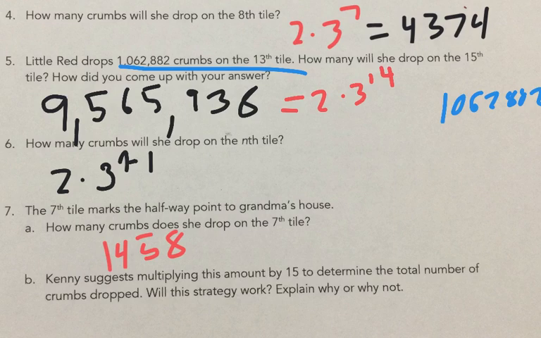So 22,500 is about what Kenny is estimating. Well, we know how many crumbs she left on the 13th tile already? 1,000,000. So if the average in total was going to be about 20 something, what did I say? 15 and 22,000, according to Kenny.